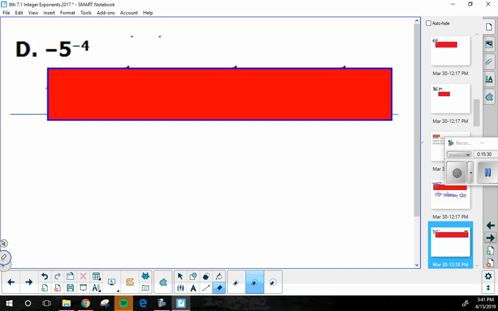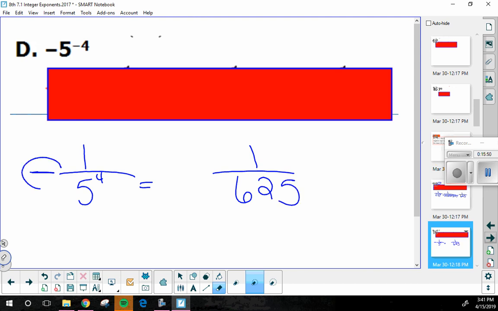So our work is going to look like this. This negative sign is just hanging out, not doing anything. I'm just going to ignore it. And that's going to become 1 over 5 to the 4th, which is 1 over 625. And then, oh yeah, that's right.